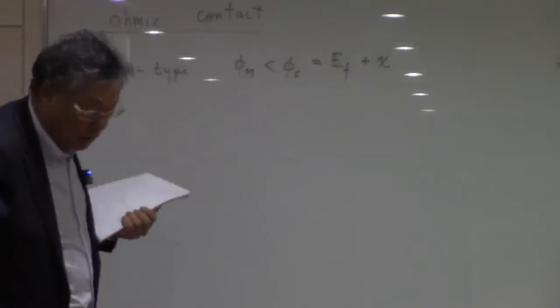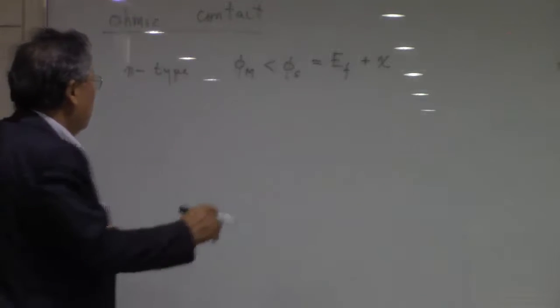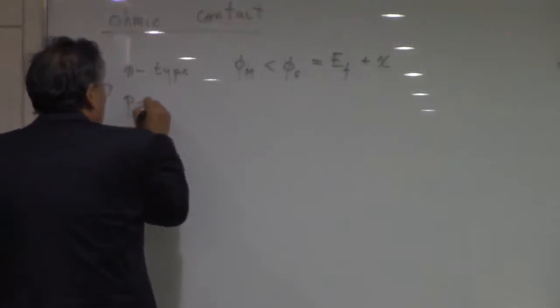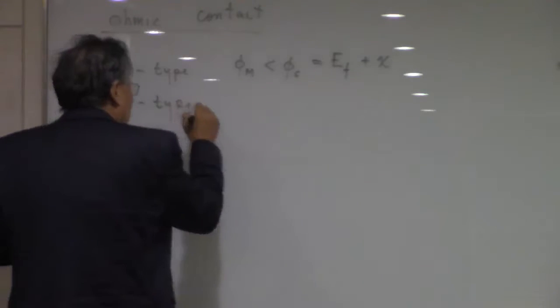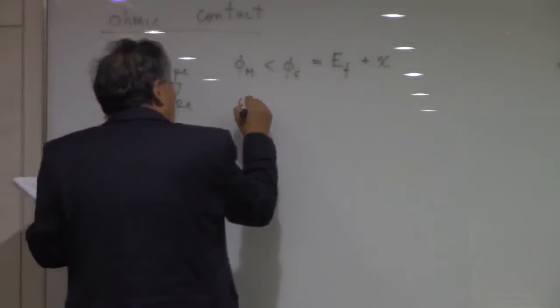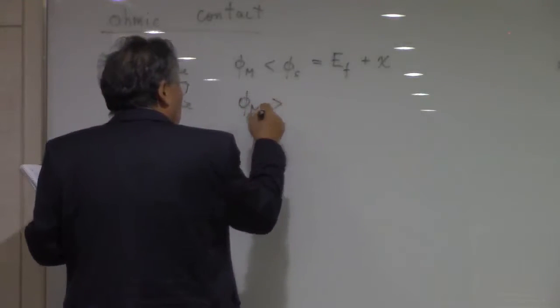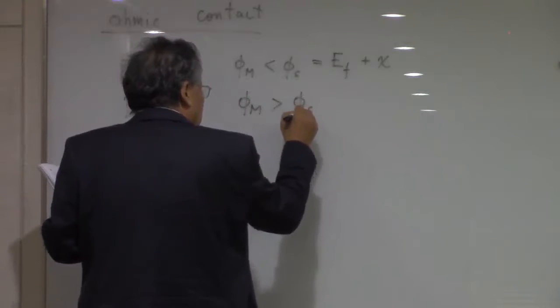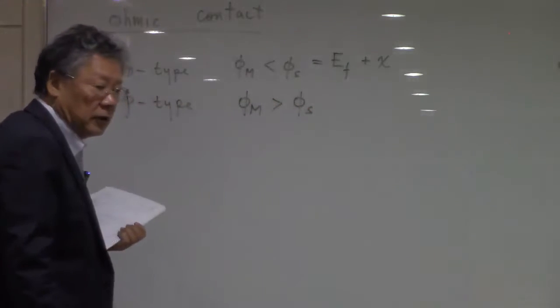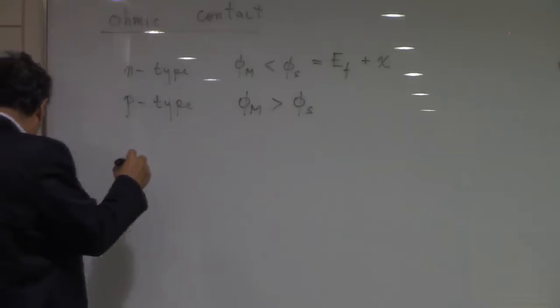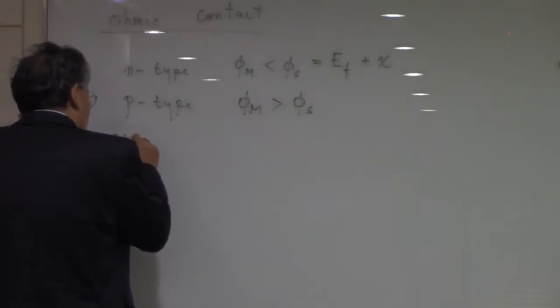For a p-type ohmic contact, the work function of the metal should be greater than the semiconductor work function. Now let me give you a typical example.